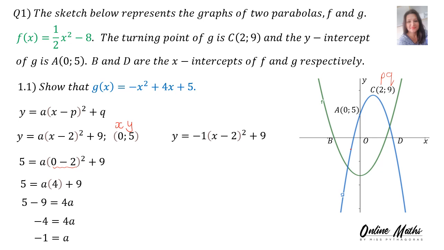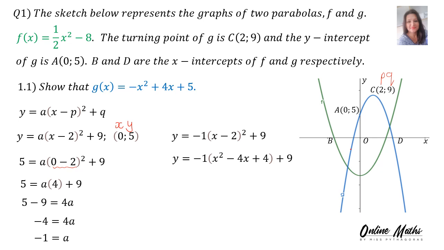Now you will see that your equation differs from their equation, and the reason is their equation is in standard form. No problem, we can just fix ours by multiplying out the brackets. So we will wait with the minus 1, and then the x minus 2 squared, that's 2 brackets, we will multiply that out, and we end with x squared minus 4x plus 4.